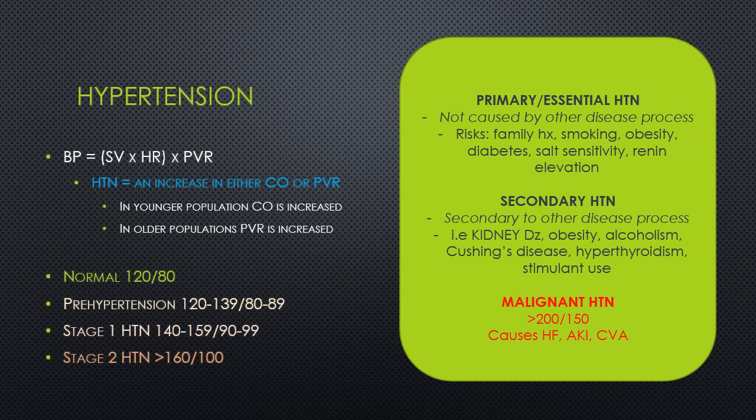We also have to be aware of something called malignant hypertension. And malignant hypertension occurs when the systolic has exceeded 200 and the diastolic exceeded 150. And this can cause heart failure, acute kidney injury, and even stroke.